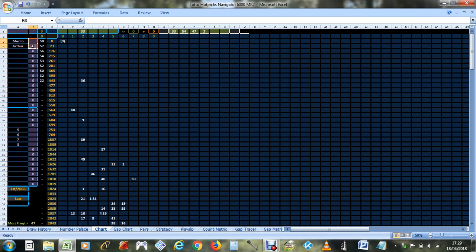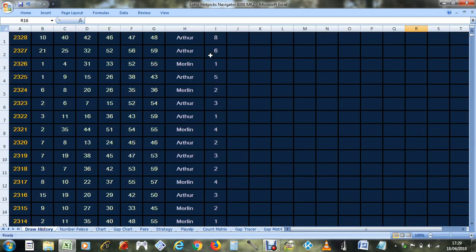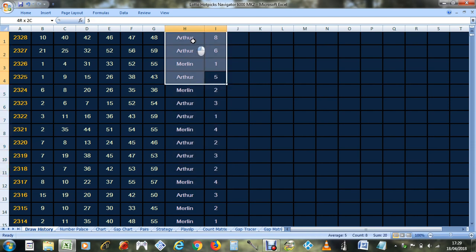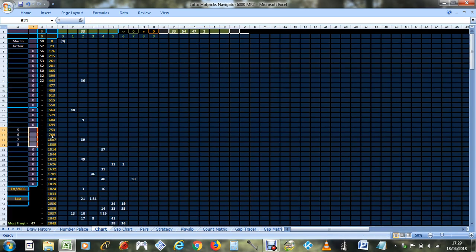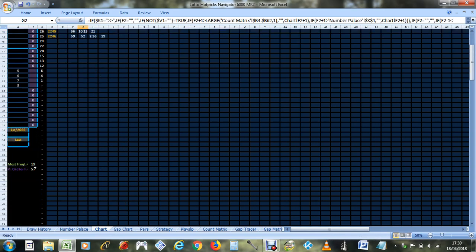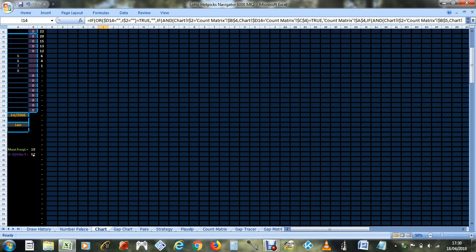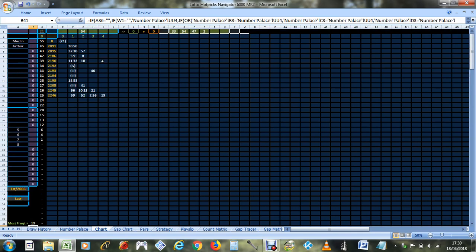And that's just when we look at the 2 machines and 4 sets of balls that are currently in use. This is the current trend. Now if we look at 54, then we've got 19 is most frequent with 54, and the most overdue for its frequency to occur with 54 is 57.